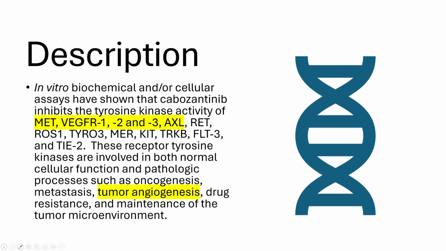Let's circle back to the mechanism of action description. We talked about these highlighted receptors and angiogenesis, but not the other receptors nor the other processes. Angiogenesis is a unique target for our indicated cancers, but it's not the only one. So let's use what we just learned about receptors to fill in the gaps.